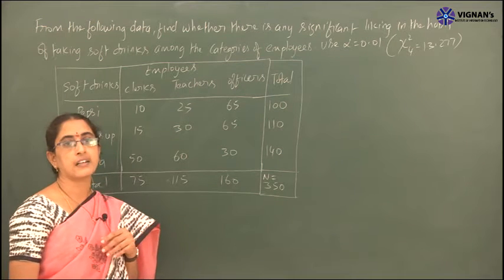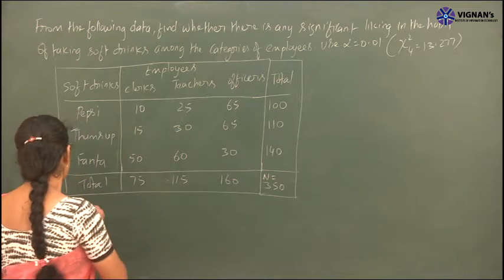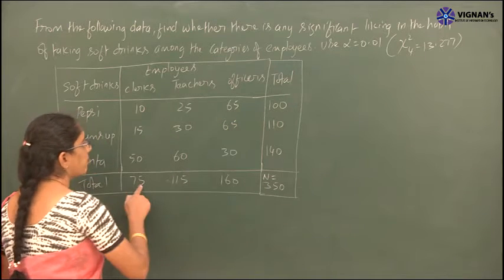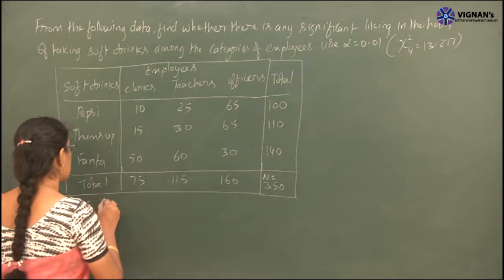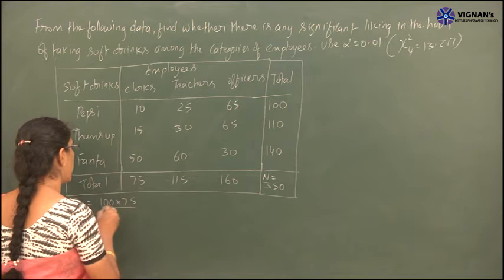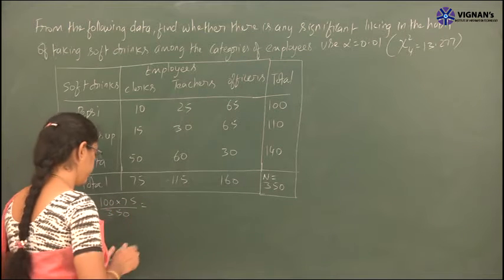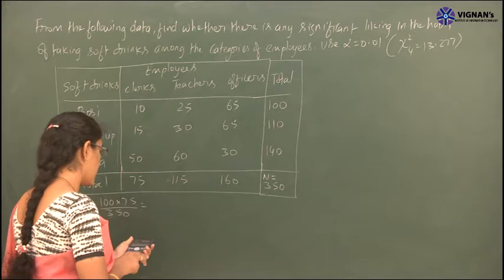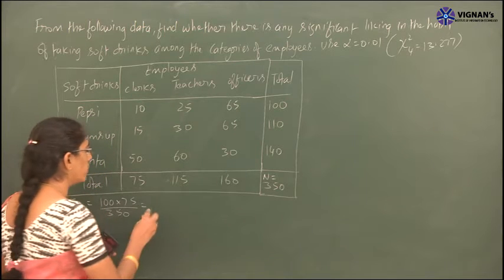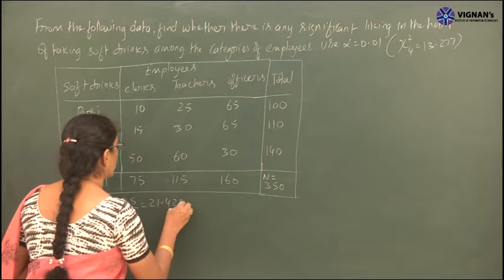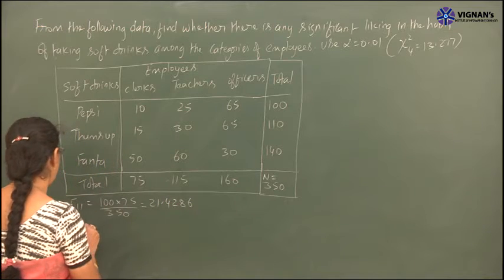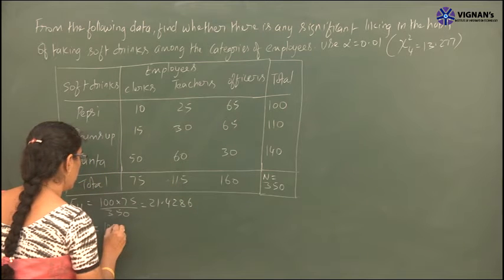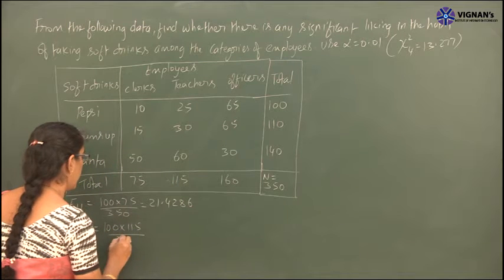Now let us see the calculations for expected frequencies. So E11 equal to A1 into B1 by total frequency, that is 100 into 75 by 350. So this is here 21.4286. Similarly, E12 means for this one 100 into 115 by 350.